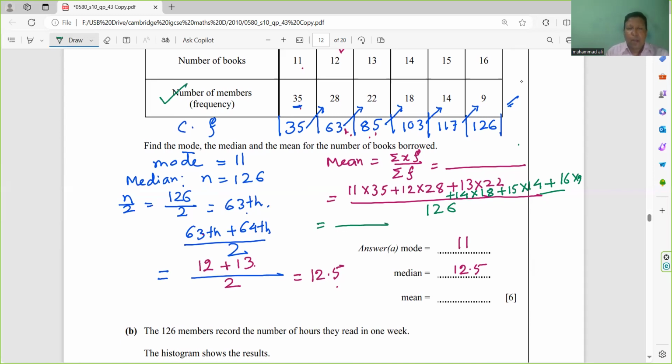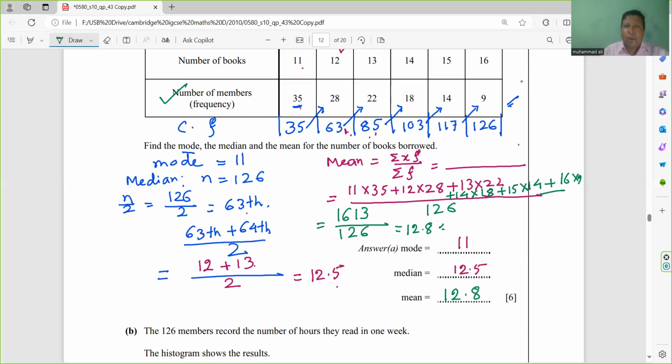So after multiply and then add, we will get here 1613 divided by 126. So we'll get here 12.8. So this is 12.8. I think everybody understands this maths, especially Mahrukh and Shananda. I think you understand these things.